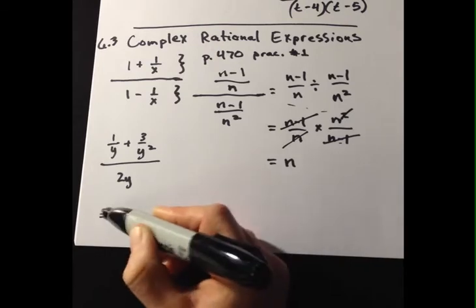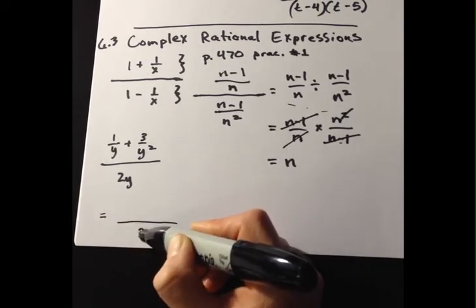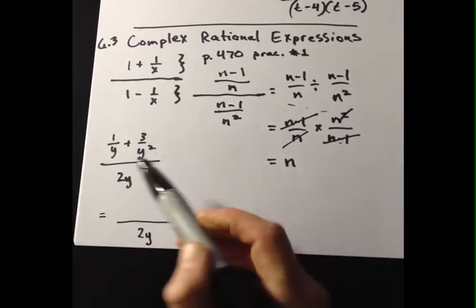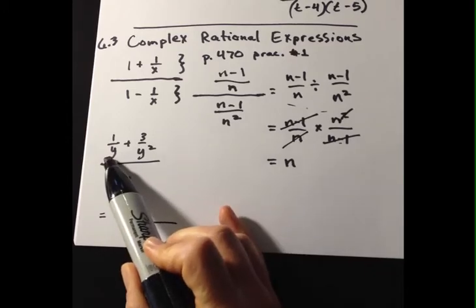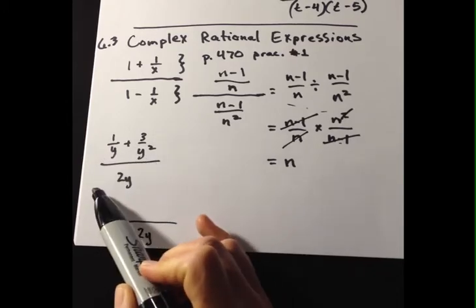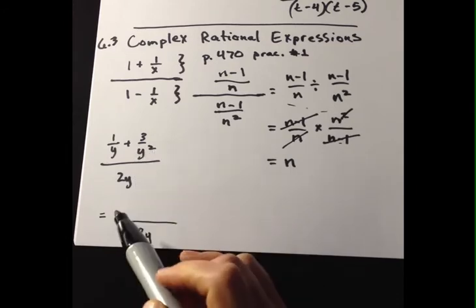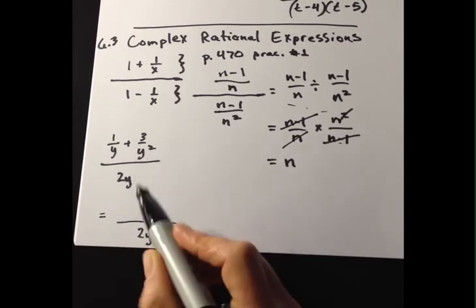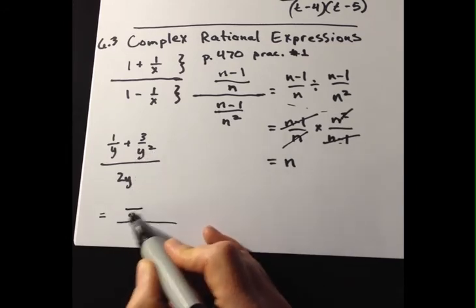So this is all going to be over 2y. My least common denominator between y and y squared is going to have a y squared, and it's going to have two factors of y. So I'm going to go y squared.